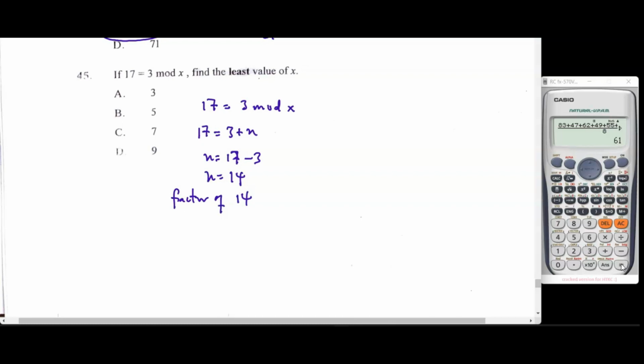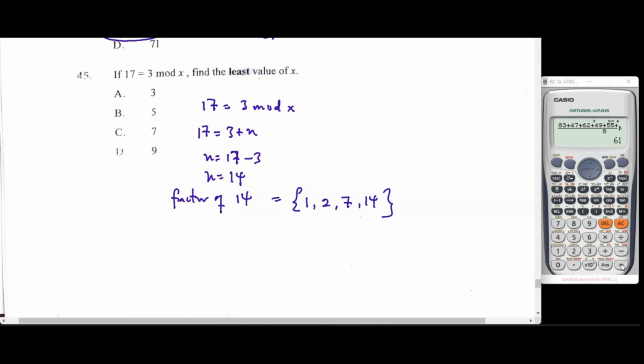So looking out for the factors of 14, we have 1, 2, then we have 7, then we have 14. These are factors of 14. So ideally, the factors of 14 are the possible solutions for x. But let's find out which of the factors of 14 satisfies the modal equation here.